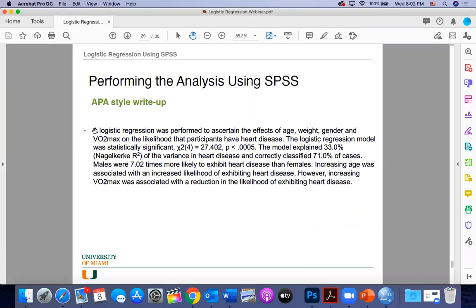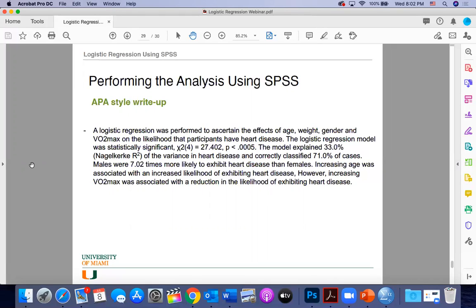In this case, we will say that a logistic regression was performed to ascertain the effects of age, weight, gender, and VO2 max on the likelihood that participants have heart disease or not. So this was the main goal of the analysis and how we assessed it.